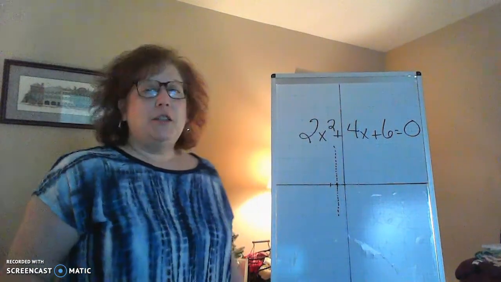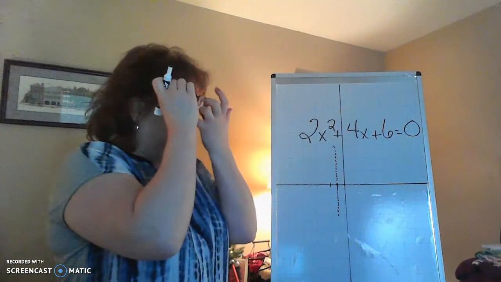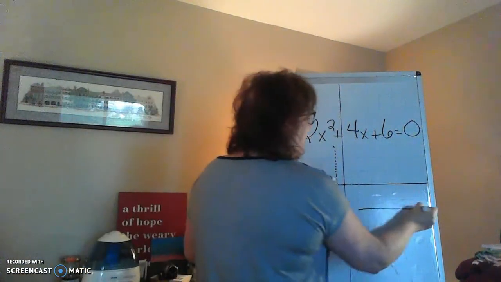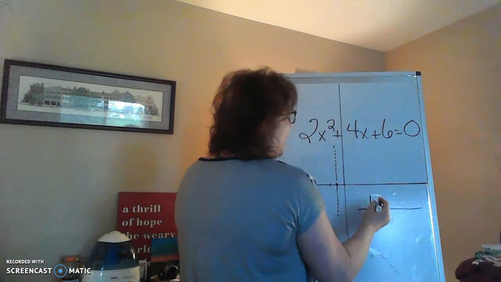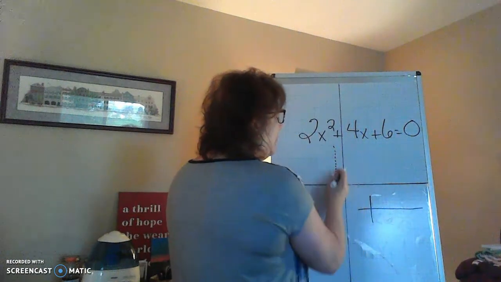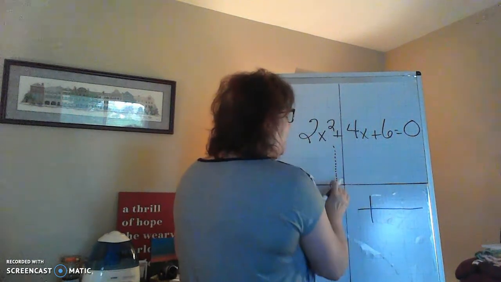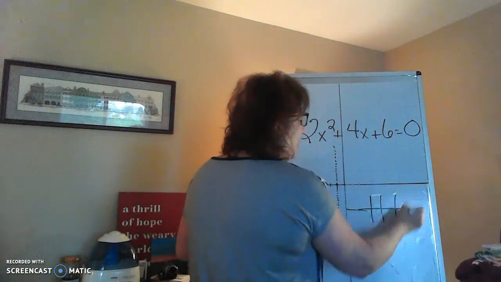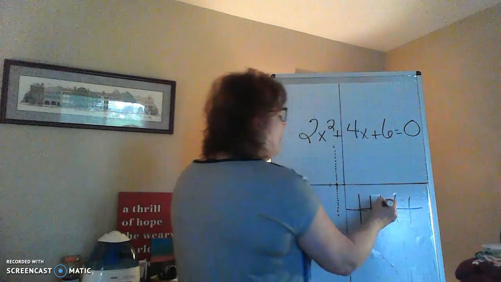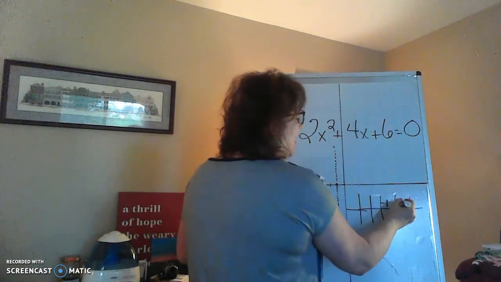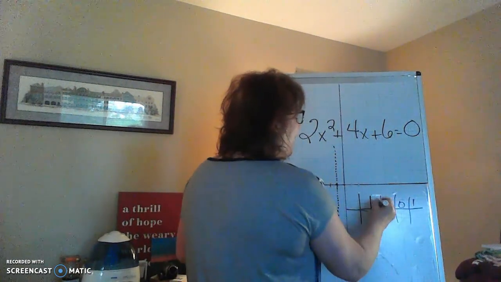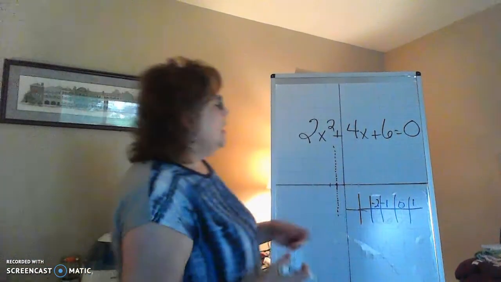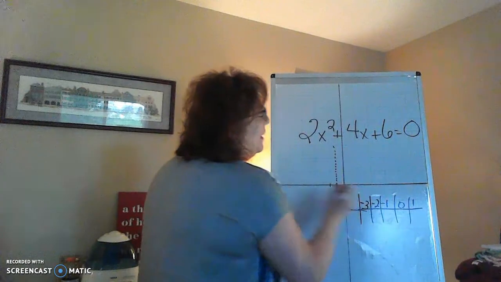Now, we also learned last week how to get this on a graph. And so we set up a little table. And if you remember, the vertex is important because that is where we want to have our middle be. And so -1, 0, 1, maybe -2. We would want to find the points. So maybe even -3.